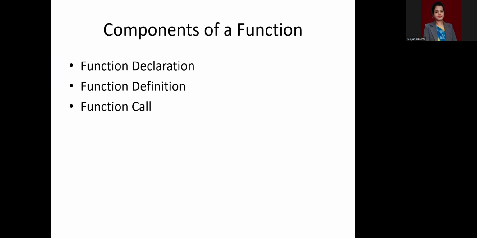Function declaration tells the compiler about the function name, return type, and parameters. Then function definition contains the actual code. Function call calls the function to execute.